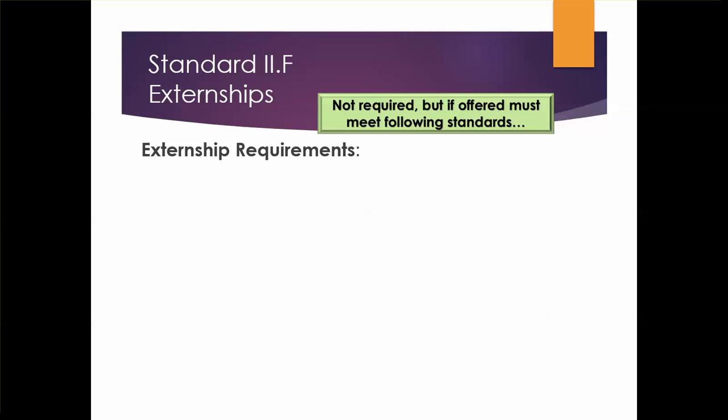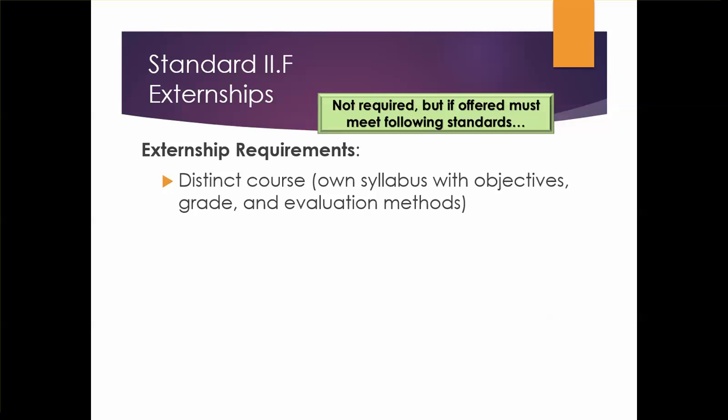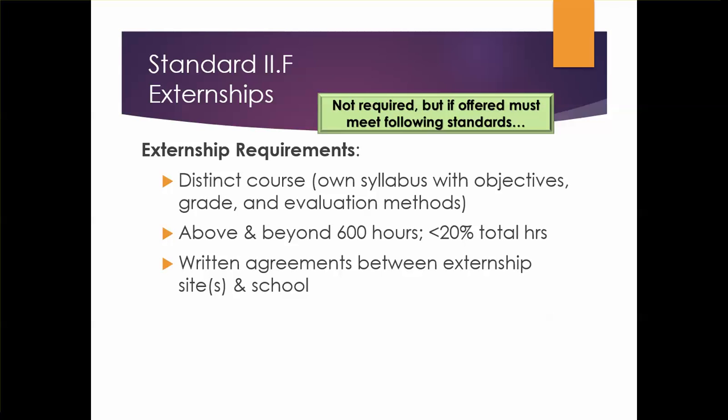So if you do have an externship, again, it's not required, but if you do, it must meet the following requirements. Again, it has to be its own distinct course with its own syllabus, objectives, grade, and evaluation methods. It must be above and beyond the minimum 600 hours. So it can't be within the 600 hours, but if you have a program that's over 600 hours, you can include an externship, but it should still be less than 20% of the entire total. There should be written agreements between the externship site and the school.